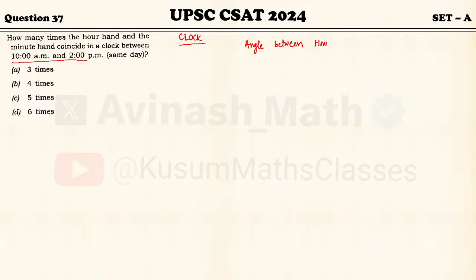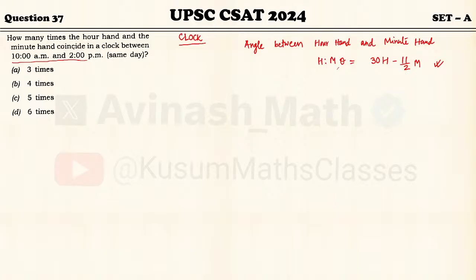See, the angle between the hour hand and the minute hand, theta is 30h minus 11 by 2 m, right?